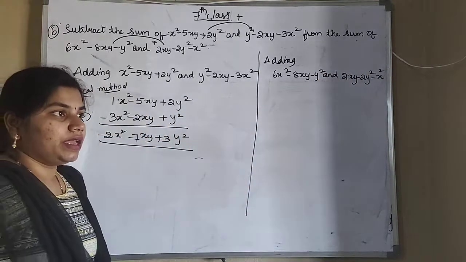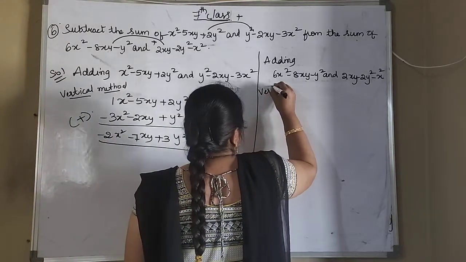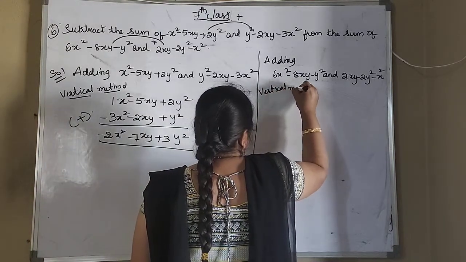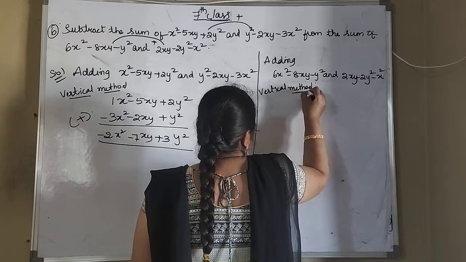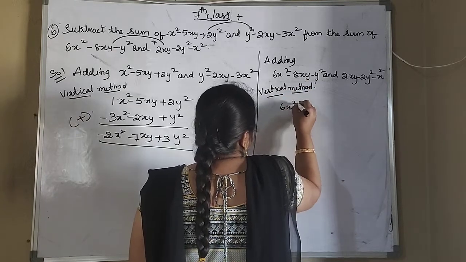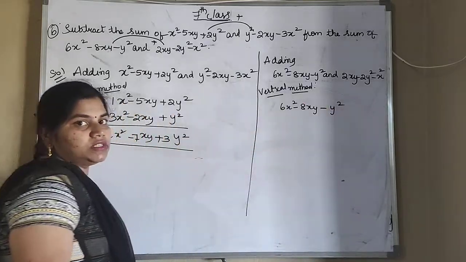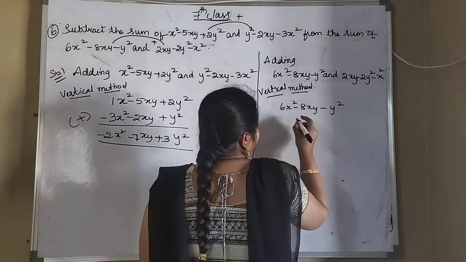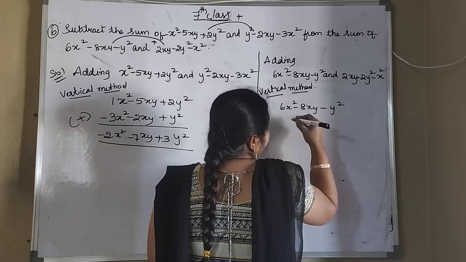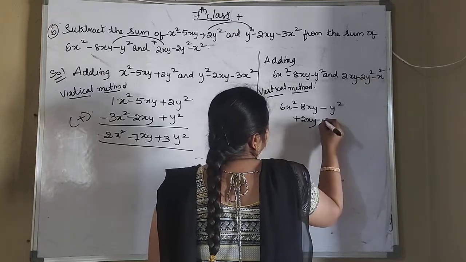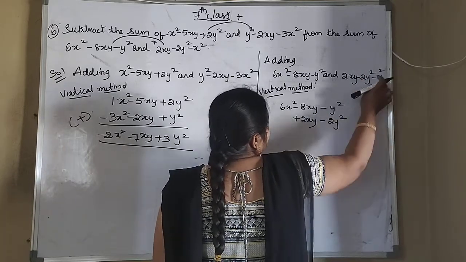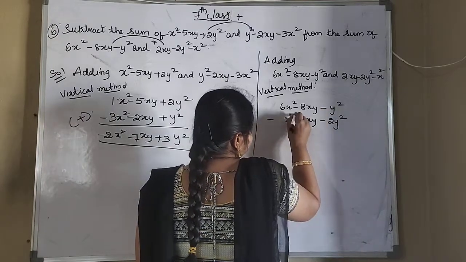Again I am doing it in the vertical method. 6x square minus 8xy minus y square, and the first term here is plus 2xy, minus 2y square, minus x square.